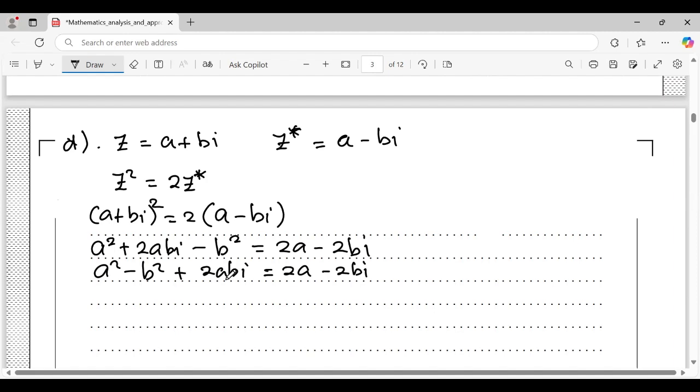Next, this is the imaginary part. Wait, I need to write in the information. The imaginary part: 2ab equals minus 2b.